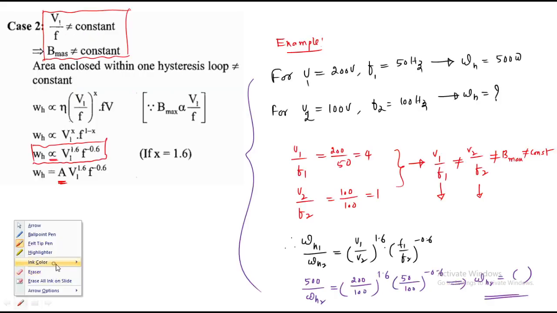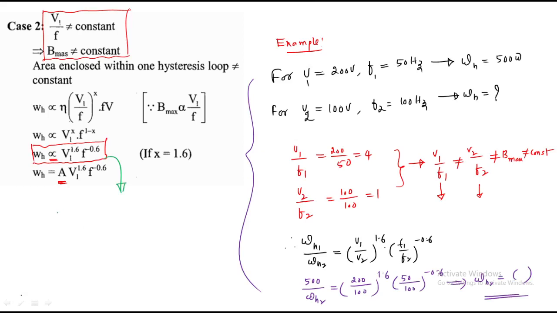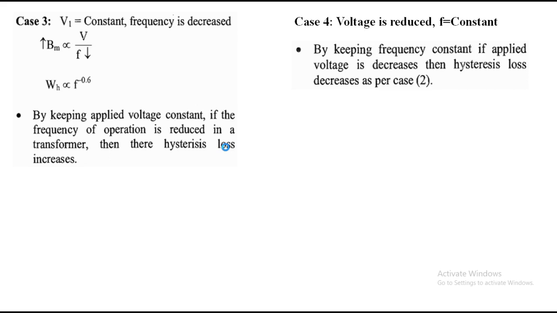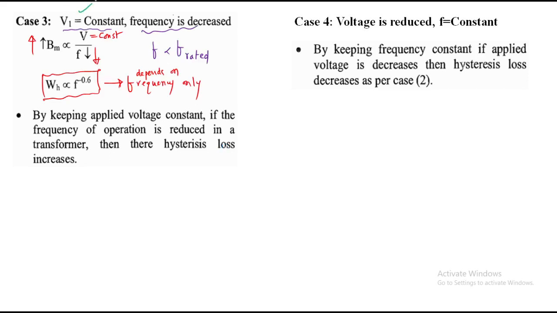What is the second case? For the second case, it depends on voltage and frequency. What is the reason? Because V by F is not constant. But in the third case, voltage is constant, V equals V rated, but F is less than F rated. So V is constant, and obviously WH is proportional to F power minus 0.6.